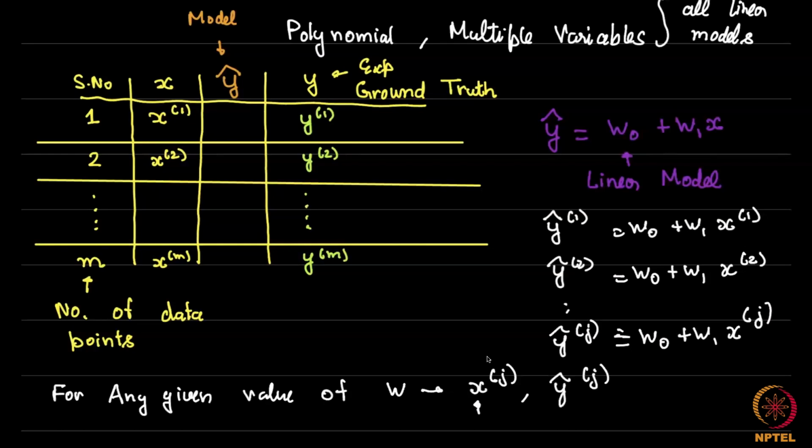That's what I meant to say. So you can similarly find out, once you know x1, you can find out y hat 1, y hat 2, up to y hat m. Then you compare these two and find out the error, etc., which we did in the last week.